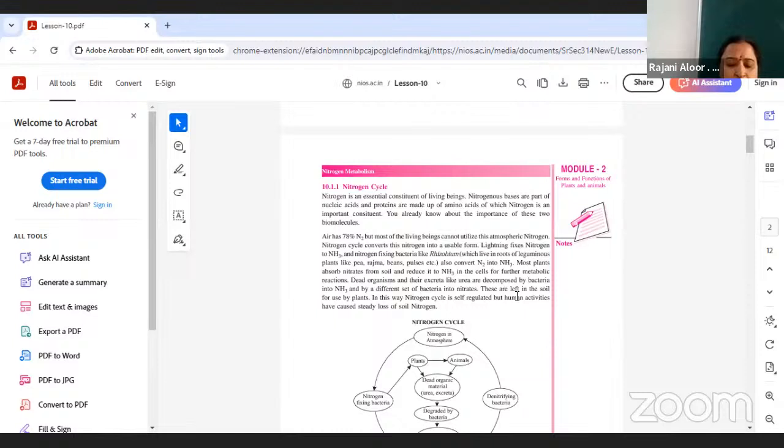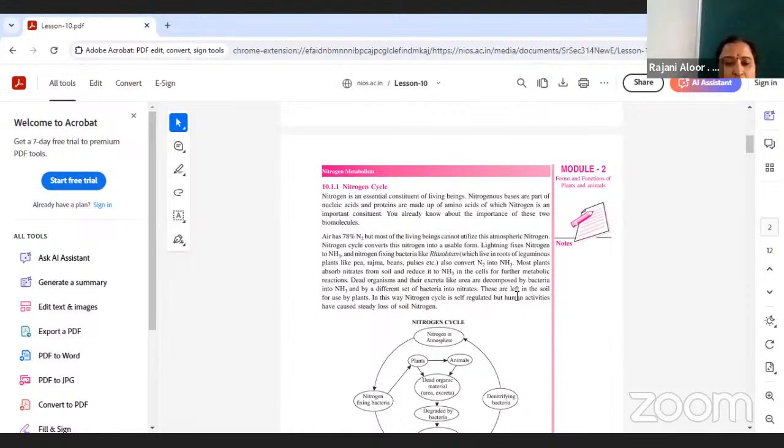The source of ammonia in the soil is artificial introduction as chemical fertilizer, or microbial action upon dead and decaying organisms.